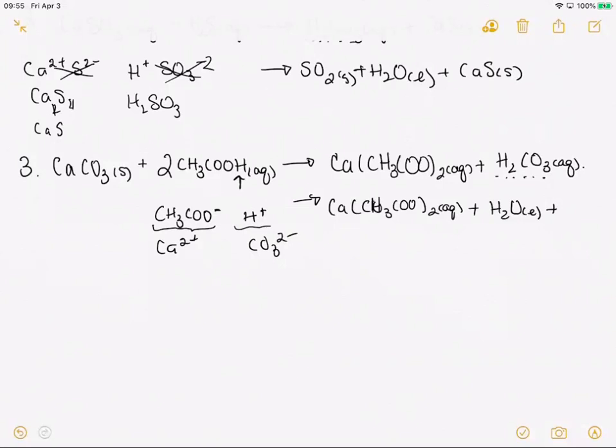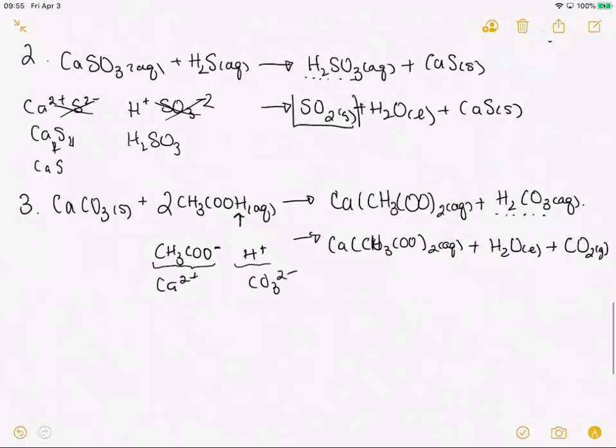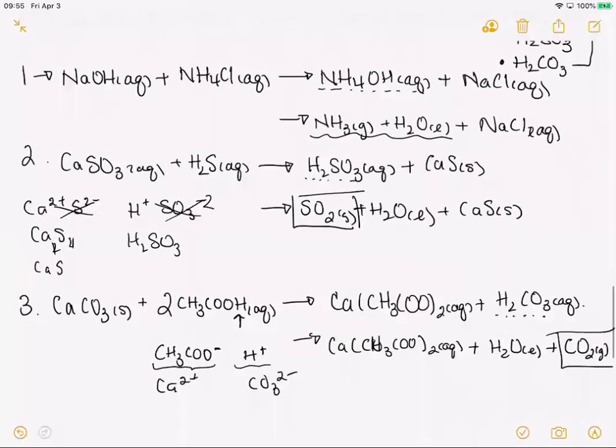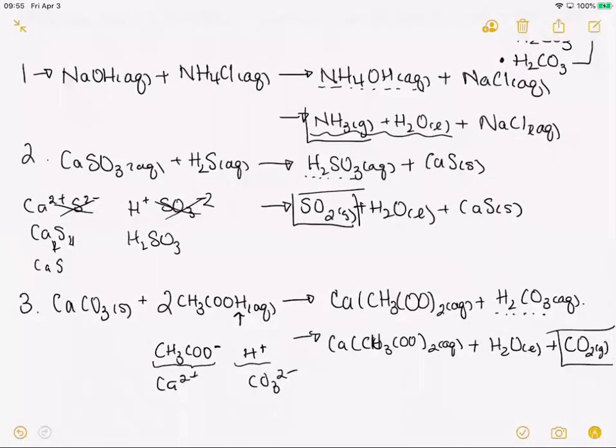So H2CO3, you take away the H2O, and you still have the carbon, and you have carbon dioxide, which is going to be a gas. So you have either carbon dioxide gas being formed, sulfur dioxide gas being formed, or ammonia gas being formed.